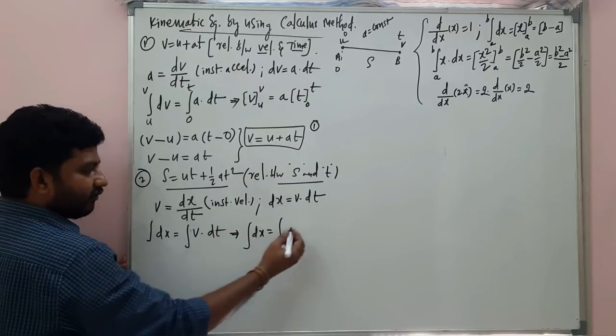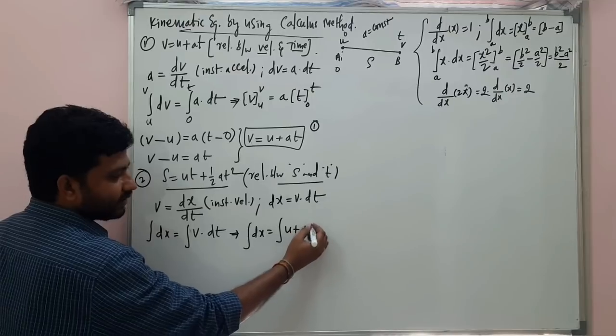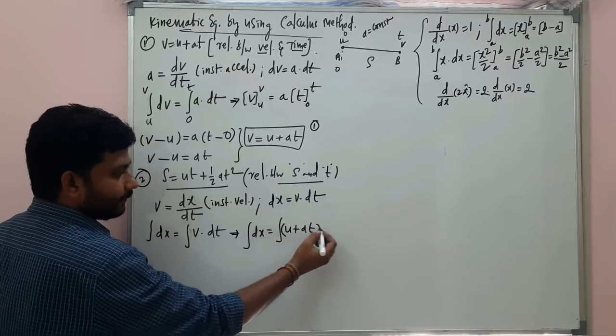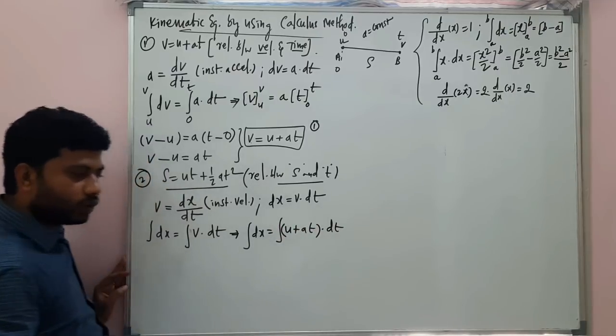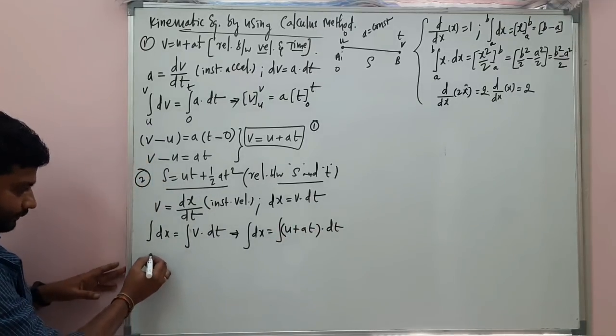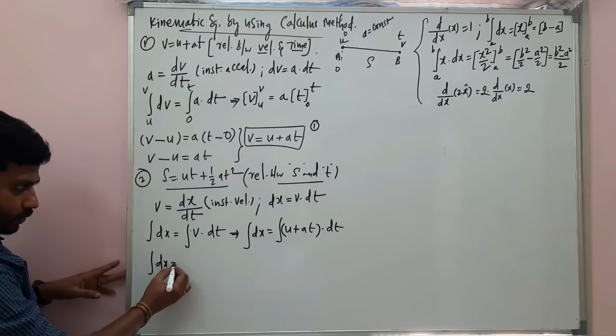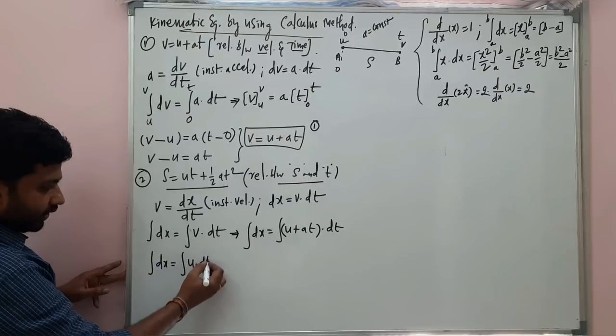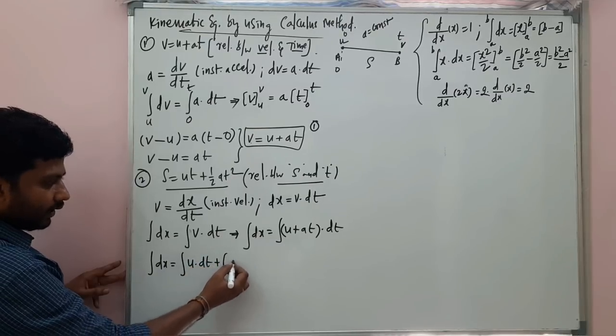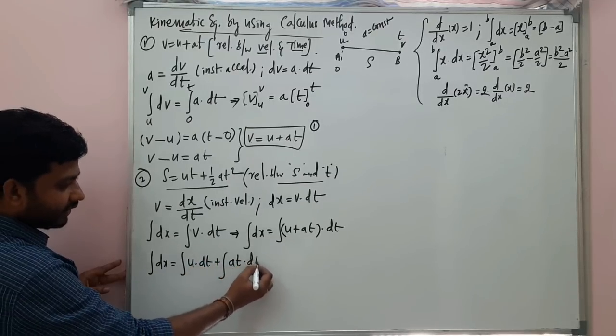So in the place of v, I am writing u plus at into dt. Now, once again, integral dx is equal to integral u dt plus integral at dt.